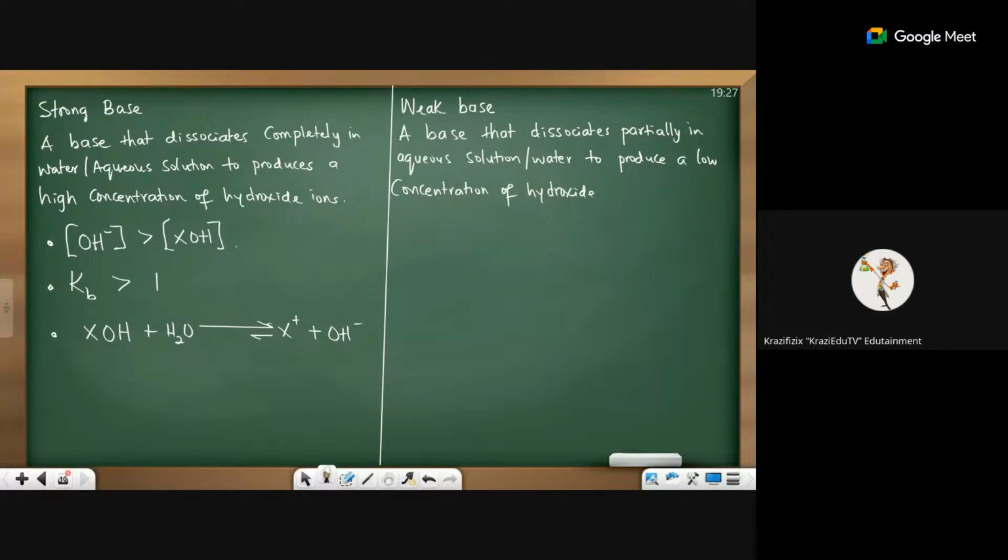Hydroxide ions. So the hydroxide ions, which makes it a base, is actually very small compared to the base itself. What can you tell me about Kb? It will definitely be less than 1. Can you see it's just the same thing round? XOH plus H2O gives X plus and OH minus.